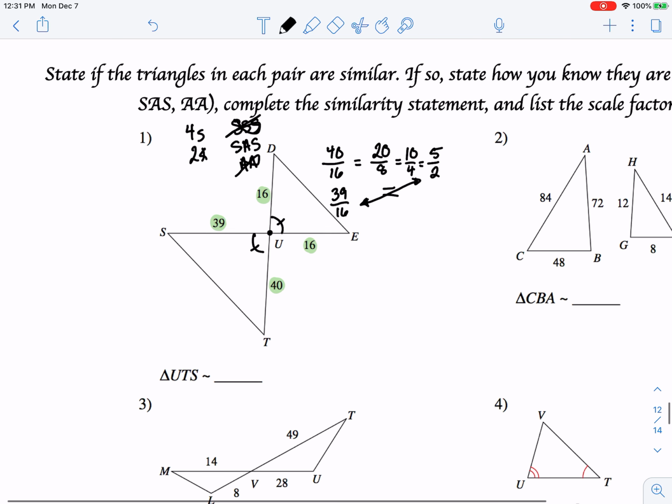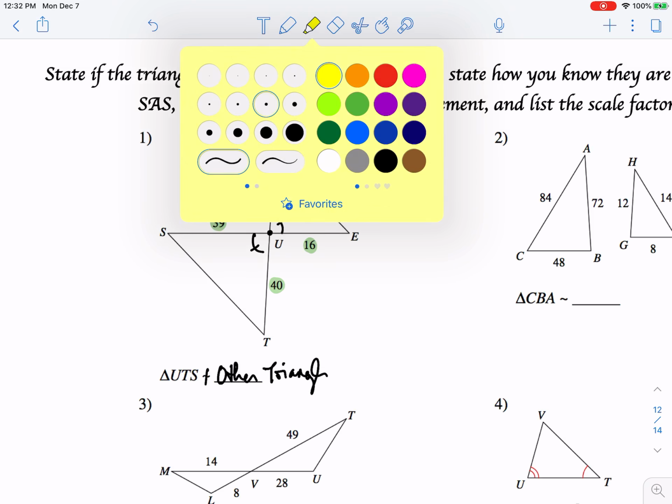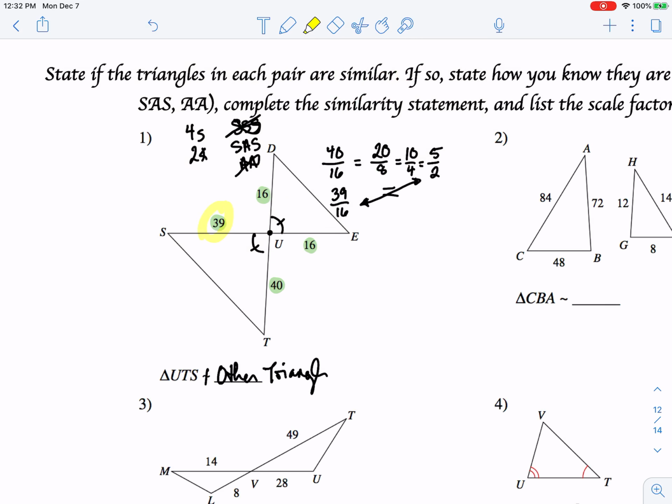So triangle UTS is not similar to any of the other triangles. The only way it would be possible is if this side 39 and this side 40 were the same, because we know our given sides are equivalent.